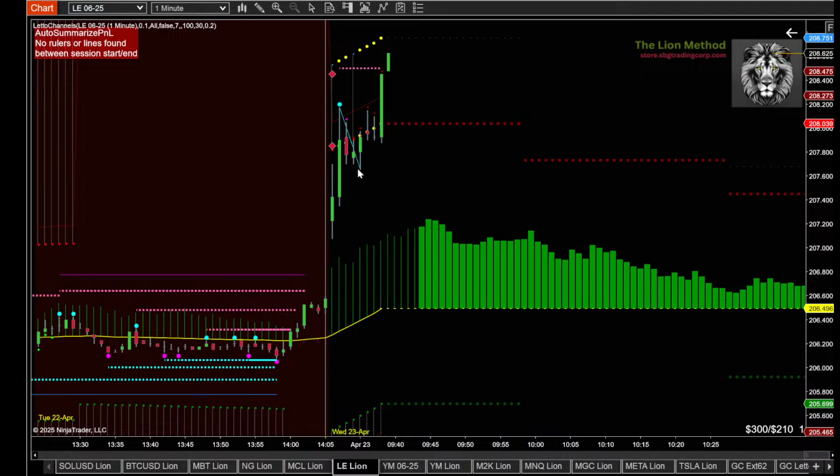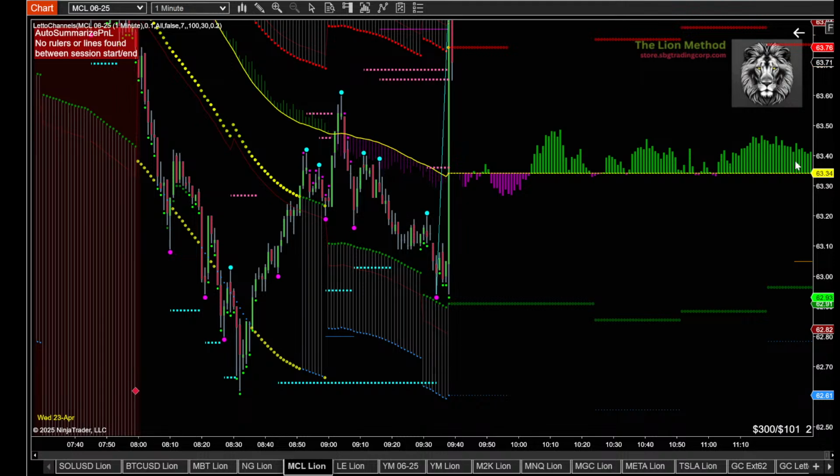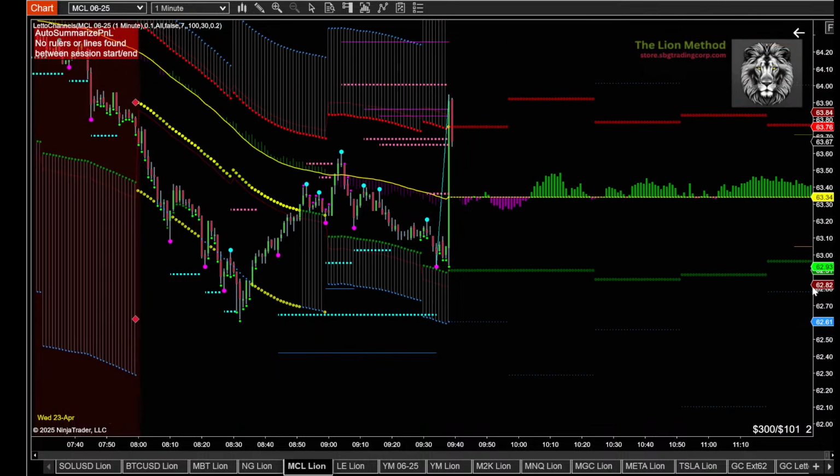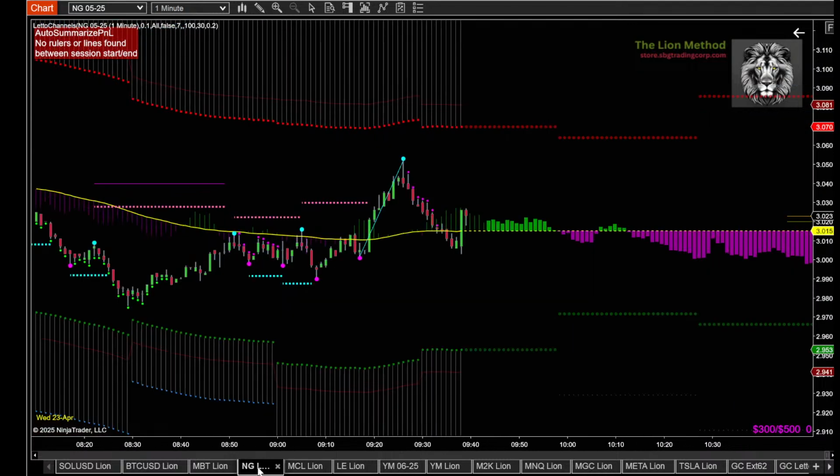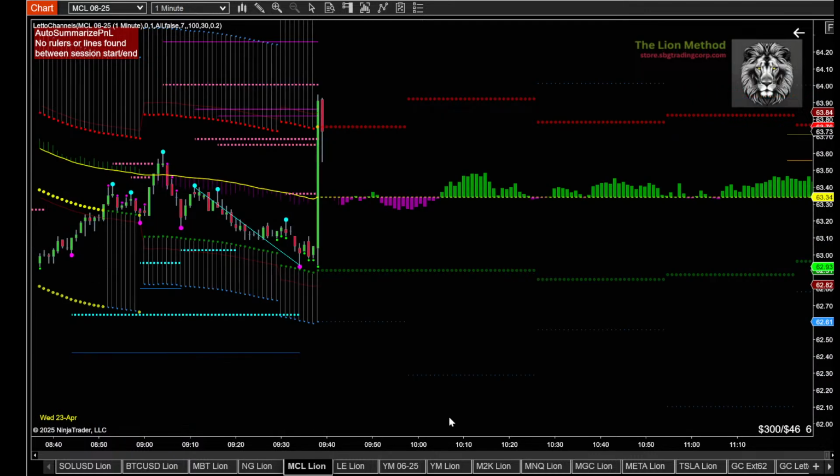All right, well, live cattle is moving up into more overbought levels. Whoa, crude oil just blew into overbought. Wow. You guys see that? That's a big move. I'm not sure what's going on, if there's big news today or what.